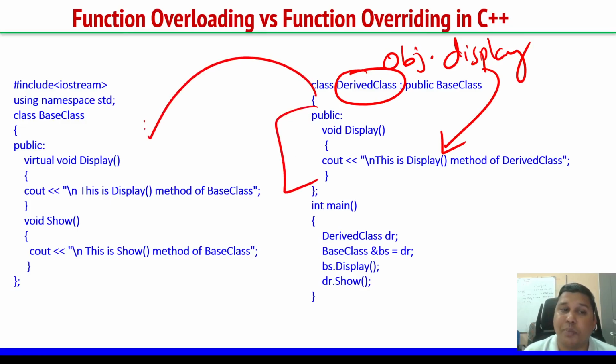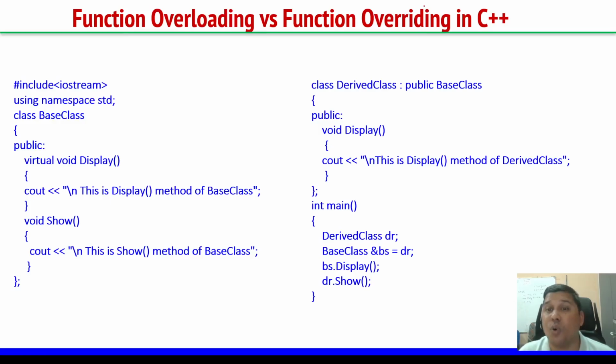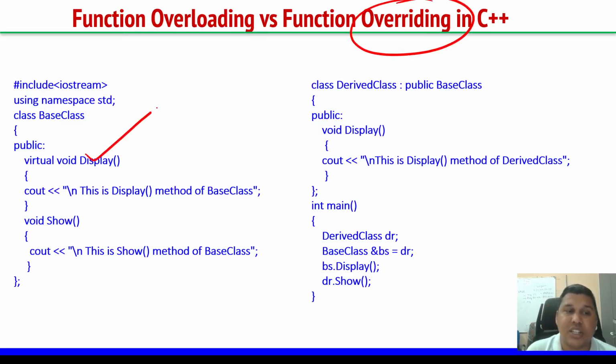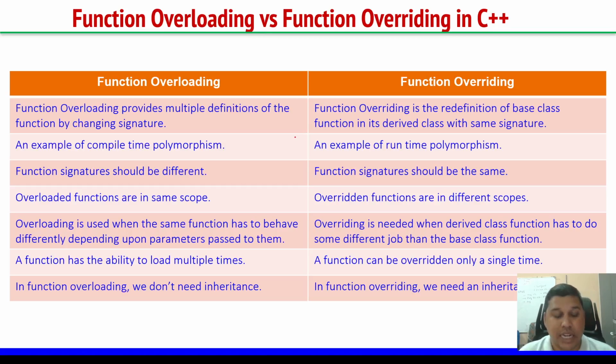It will not look for the parent class. This is called function overriding. Though a function display exists, you are trying to override it in your child class. This is about function overloading and function overriding in C++.